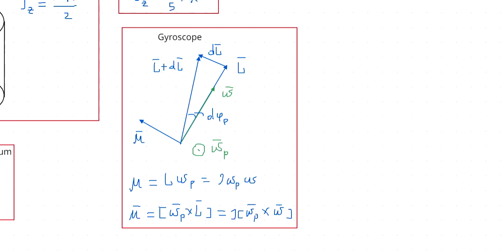So if we try to change the orientation of the axis of rotation, these gyroscopic forces will occur, and they will try to prevent the axis from changing its orientation in space.